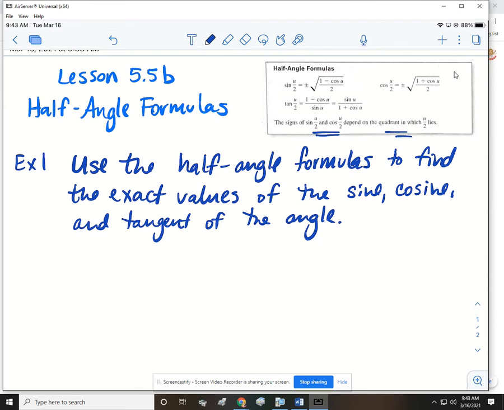Okay, and our angle, for example 1, is 165 degrees. Now, 165 degrees is not special.